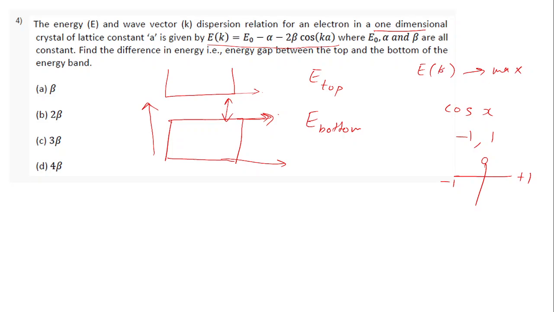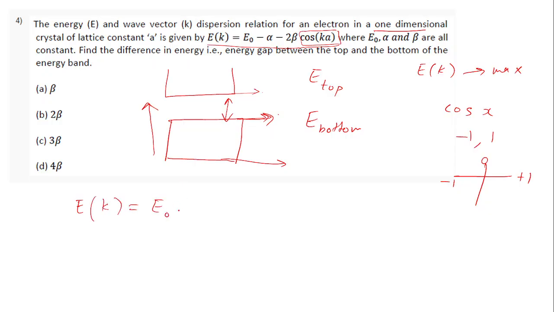We just said that for the energy to be maximum here, cos has to be minimum, and the minimum value cos can take is -1. So if cos Ka is -1, then we will get the maximum energy, which will be the energy of the top of the energy band.